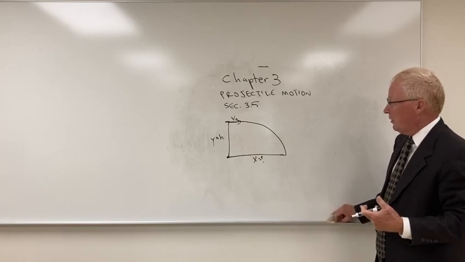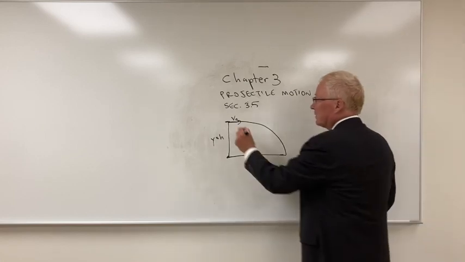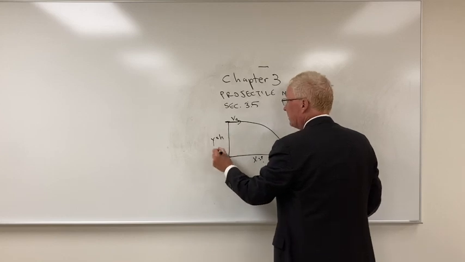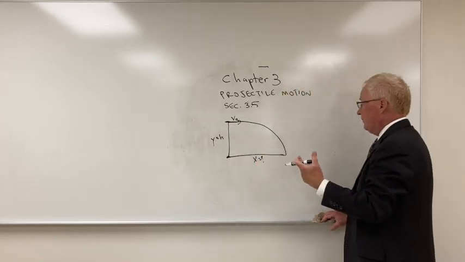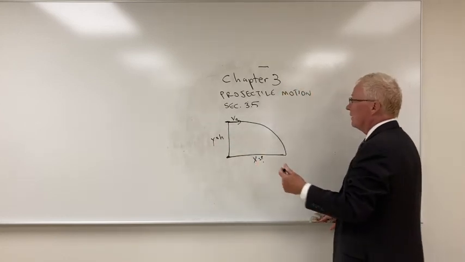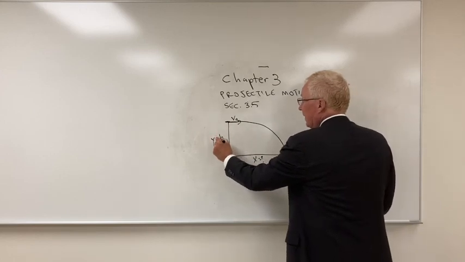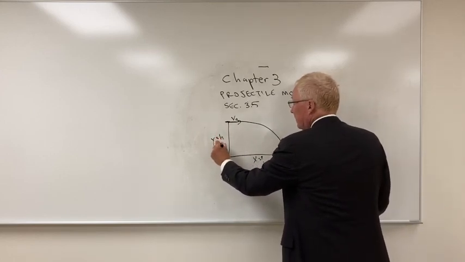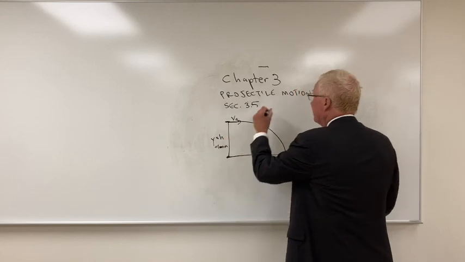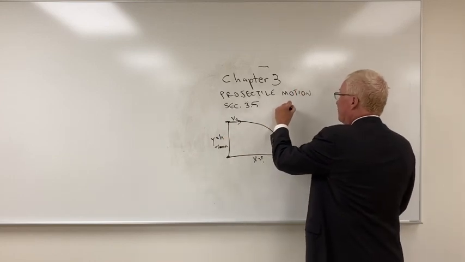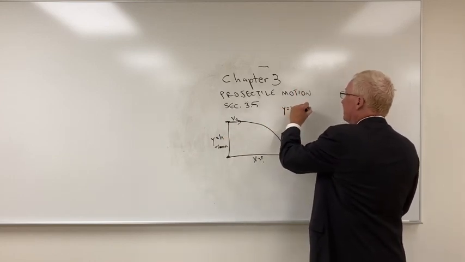All right, the way we can do this is with a variety of ways. In this case, we'll give you, say, y is 100 meters high. So y is 100 meters.